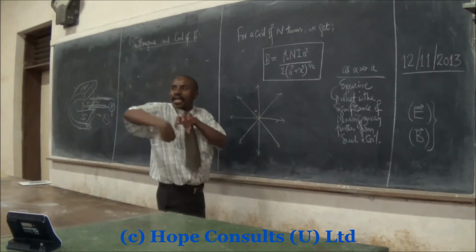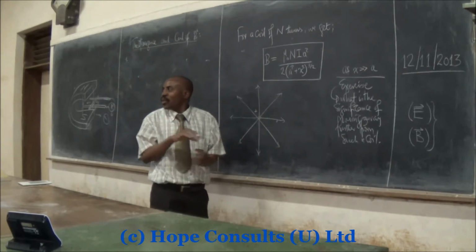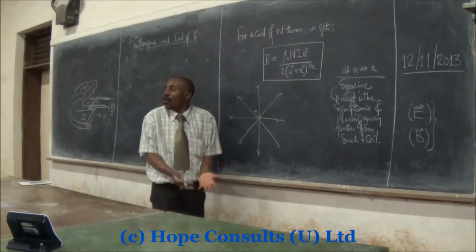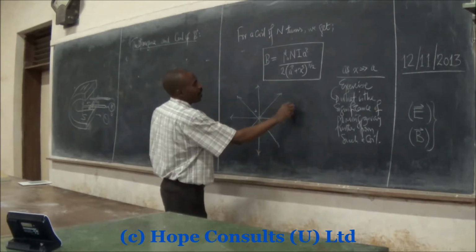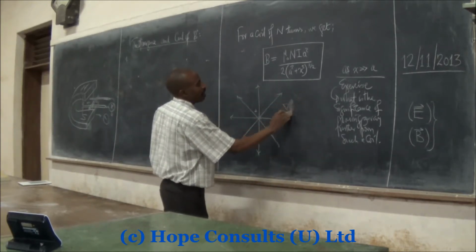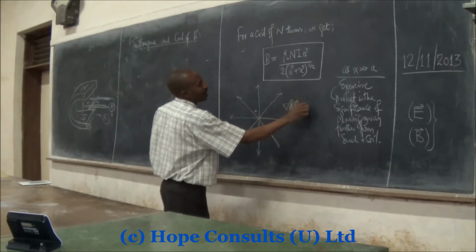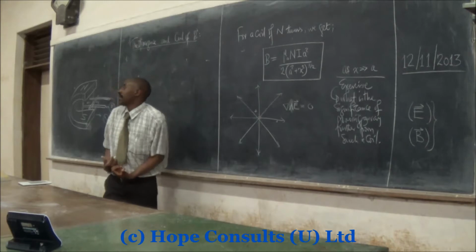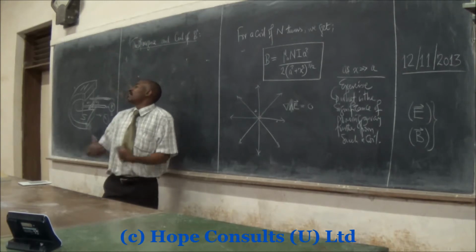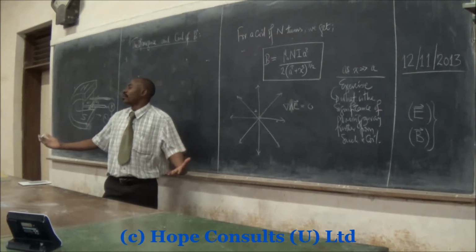And we tried to curl them. When we curled them, we made them both go elsewhere. What did we get? Zero. Because when we tried to curl them, bend them, we couldn't get any further electric field energy going out.